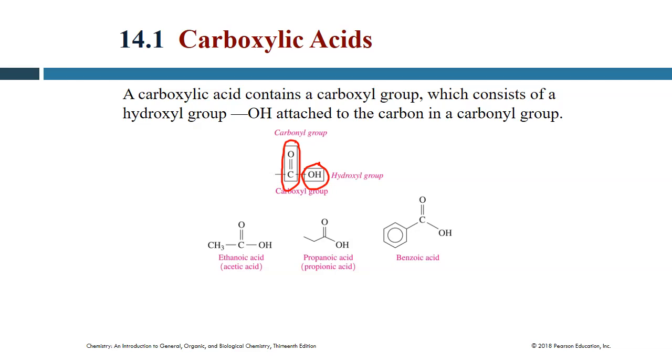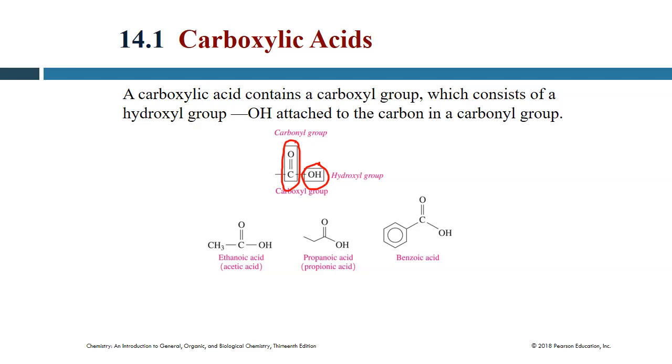Like we saw with aldehydes, there are 2 different naming systems that can be used. Luckily for us, the common, less formal naming system is exactly the same for acids as it was for the aldehydes. So you know how we had formaldehyde, acetic aldehyde, propionic aldehyde? Well, it's the same idea.